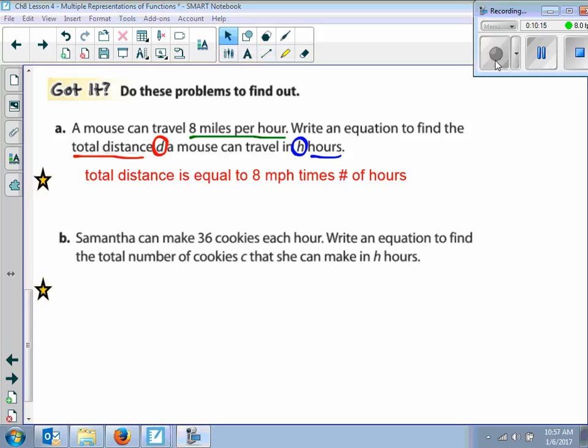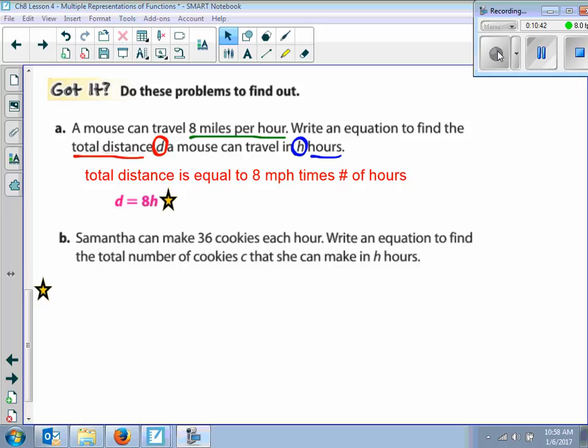So the total distance is equal to 8 miles per hour times the number of hours. Okay? So what's my equation going to be? D equals 8 times h. Very good. There it is right there. D is equal to 8 times h.